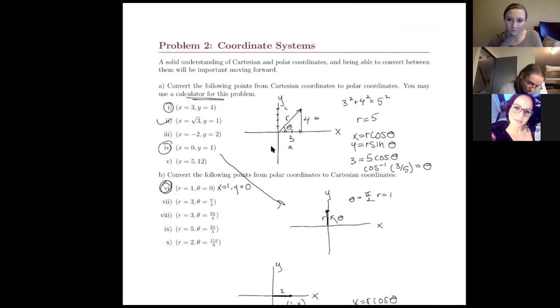You can just do r equals 5, theta equals, I didn't actually calculate this, but whatever it is, in degrees, or like r, theta in coordinate form. As long as you make it clear what's r and what's theta, I think it's fine.